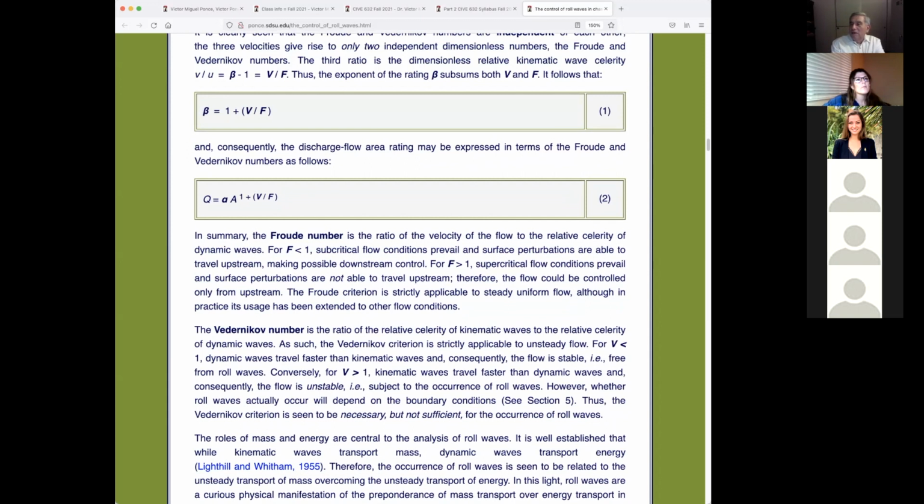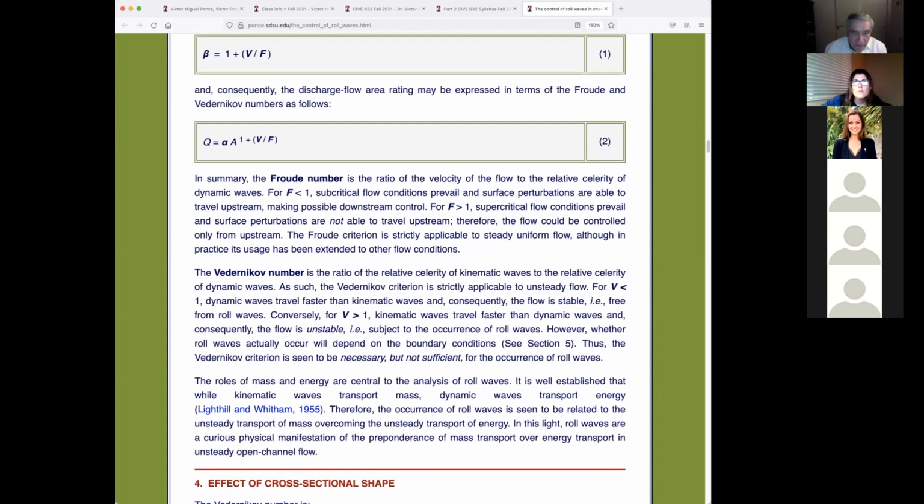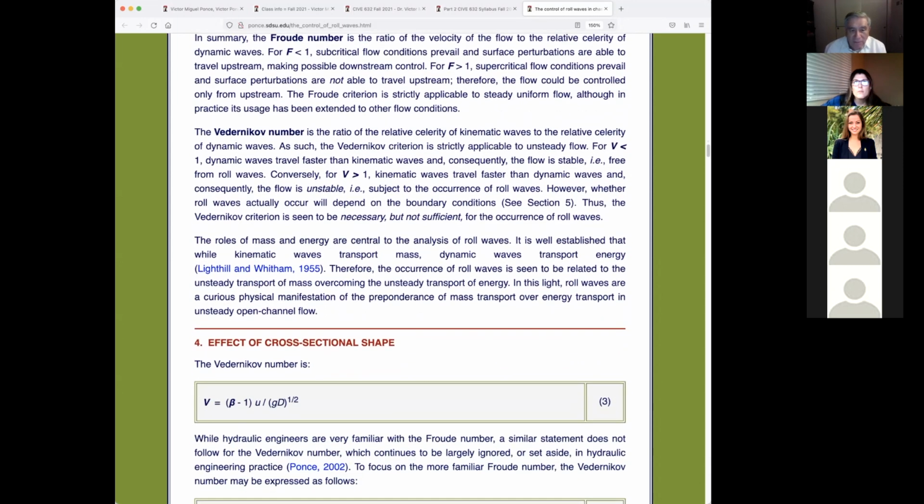That's fascinating because prior to our formulation, the exponent of the rating is a mystery. You just go out there, find it and plot it, and that's it. You come up with a power function. But now we have said that the exponent of the power function has a theoretical meaning, which is 1 plus V over F. The Froude number, the Vedernikov number.